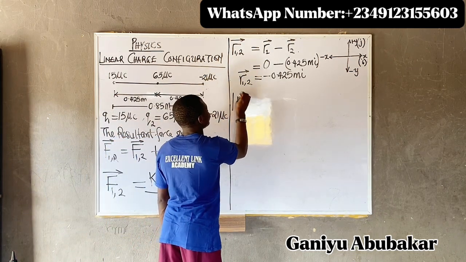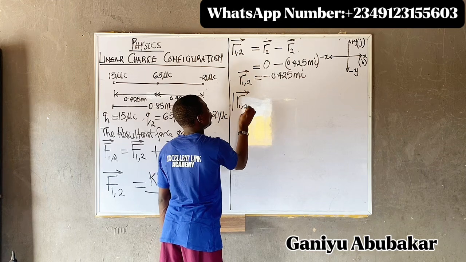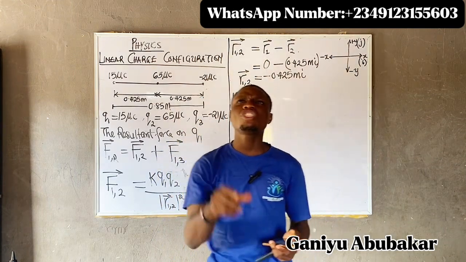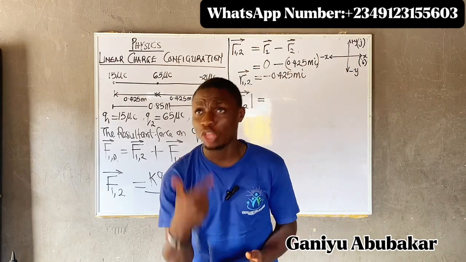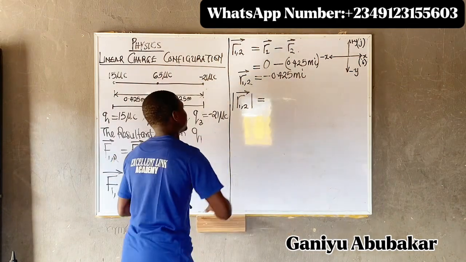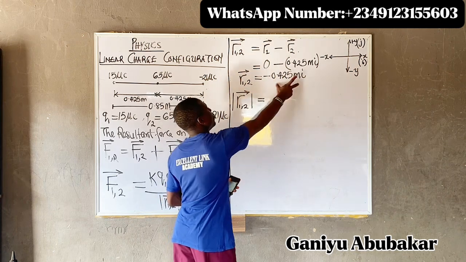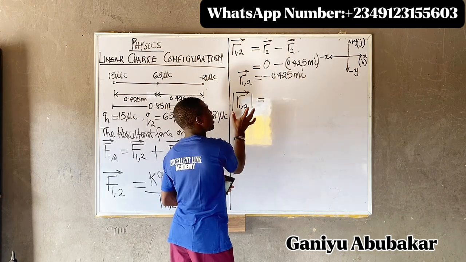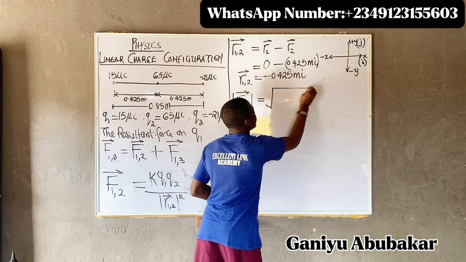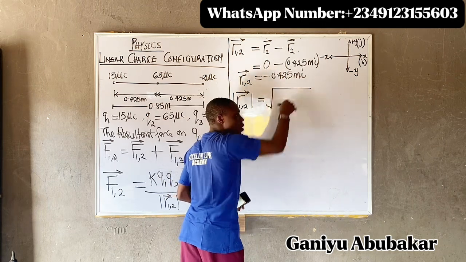The magnitude of R12 is easy. When it comes to magnitude, you just take the square of that term. I want to take the magnitude of this term. So here's the concept. To take the magnitude of this term, I have to take a square root of that term and square the value itself.